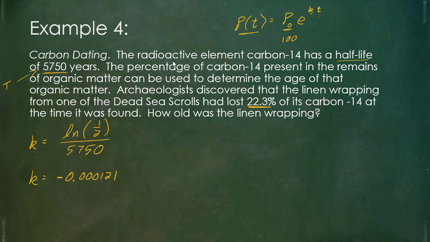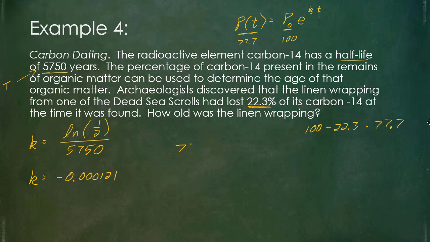And then I've lost 22.3, so if I started with 100 and I've lost 22.3, that really should tell me that I have 77.7% left. And instead of worrying about converting this percent, since it's more talking about an amount, I could say, hypothetically, if I started with 100, then my end amount would just be 77.7 now left.